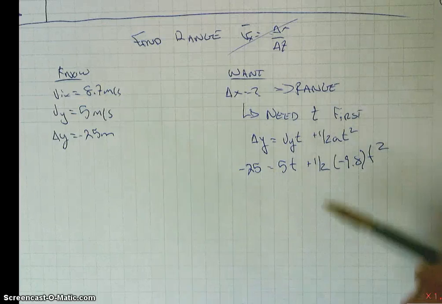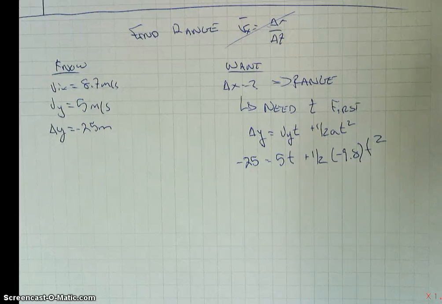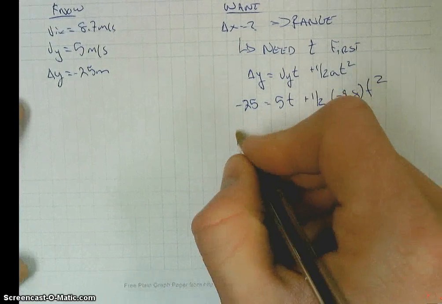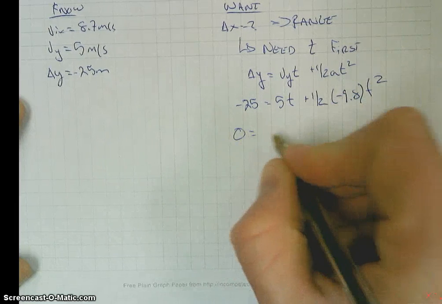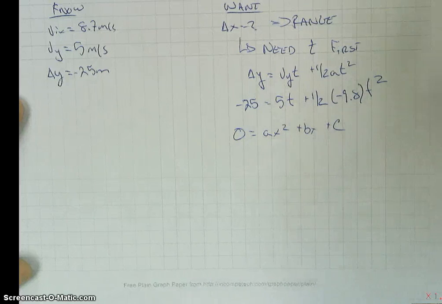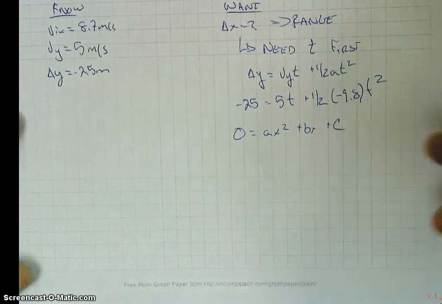Now, this is a quadratic. We cannot solve for this unless we use the quadratic formula. As a review, quadratic format is 0 equals ax squared plus bx plus c. Realistically, instead of x's we have t's, but we're going to solve for t.